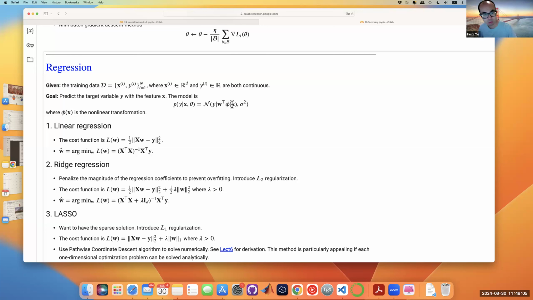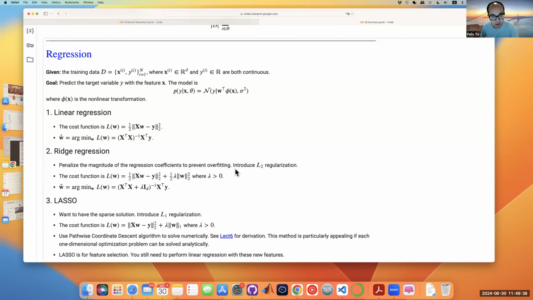So the key here is we assume this model is y equals w times phi of x plus some noise. We assume it's a Gaussian noise, and this noise is independent of x. Phi of x is nonlinear, and it could be some nonlinear transformation. For simplicity, if we work with linear regression, you can just put everything in and create your new phi right here.